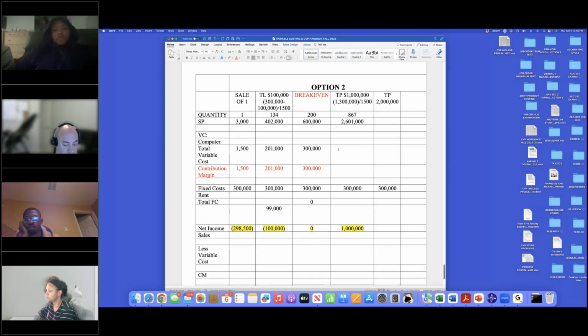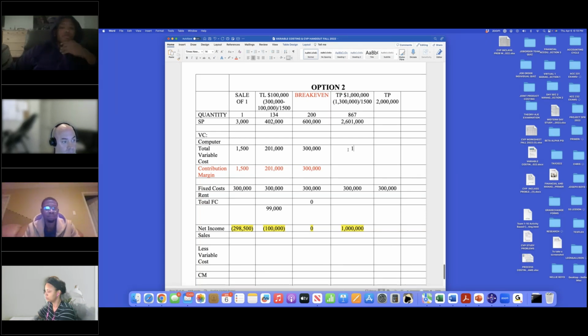How much are these 867 computers going to cost you? Oh no, I mean 1,300,500. I'm tripping. 1 million, 1,300,500. My fault. 1,300,000, 500.